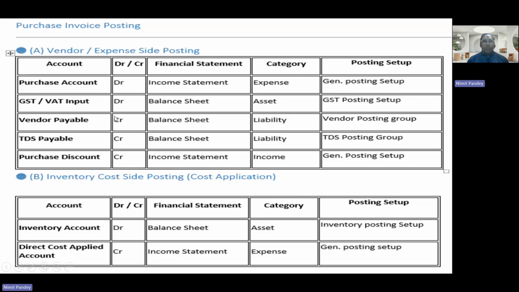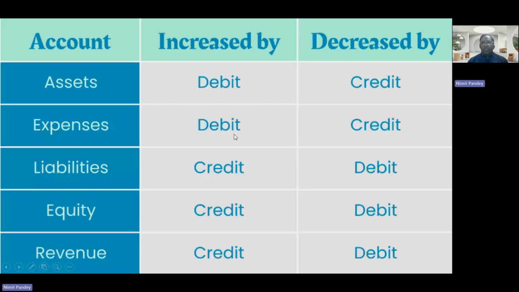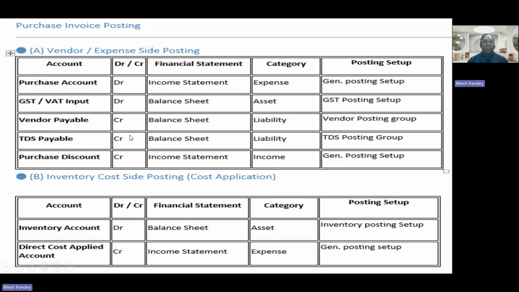Okay, so vendor credit, TDS credit, and any discount is credit, and the purchase account will be debit. So you just categorize these all and use this term. Most of the time you identify one account and the respective account with the opposite sign.